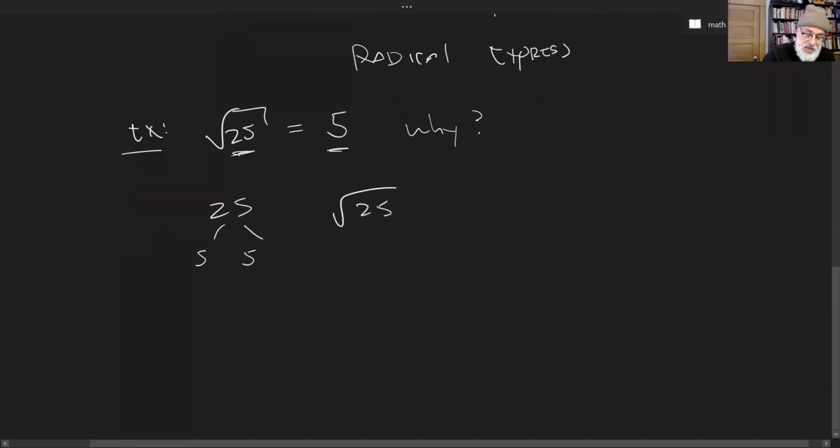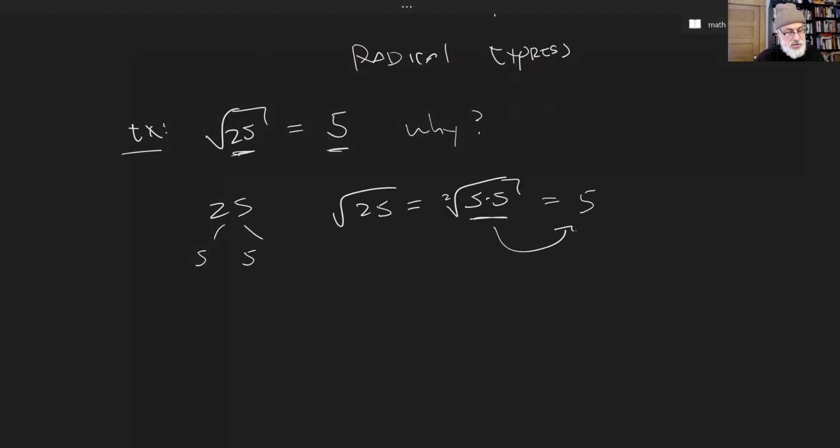That's the nature of primes. So 25 is the same as 5 times 5. The rule says if I have 2 numbers multiplied together, in this case I need 2 of them because it's a square root, I can evaluate it by taking 1 of them out. And we'll get to higher roots later in this video.